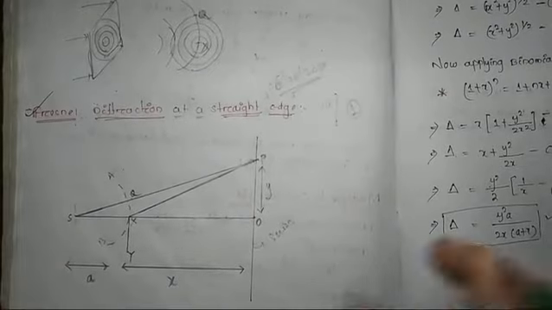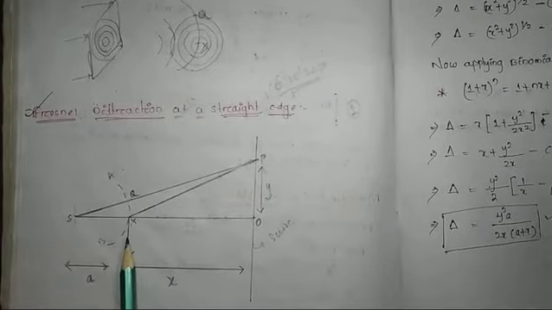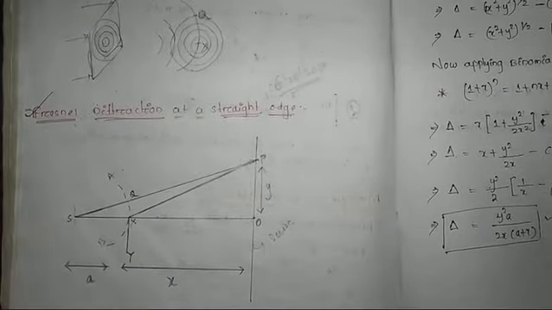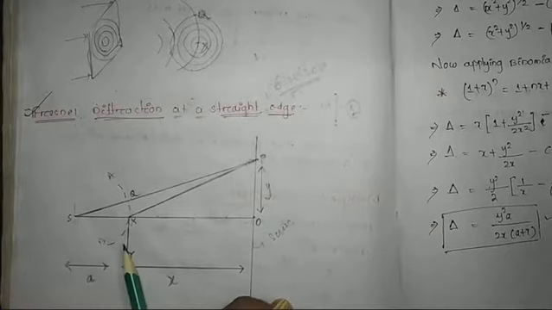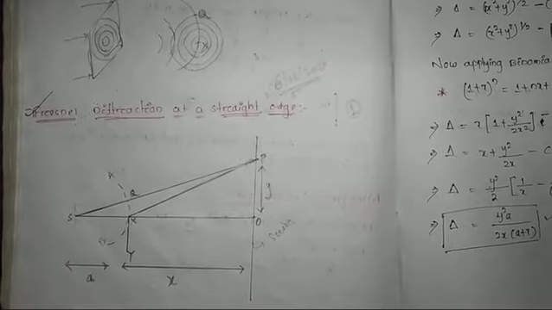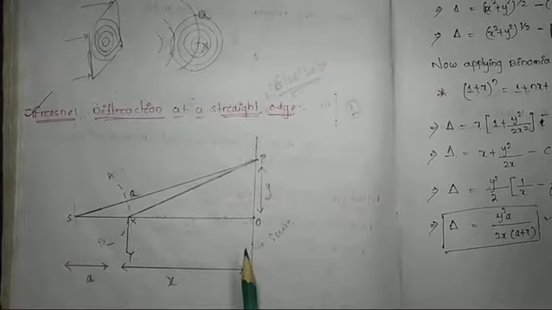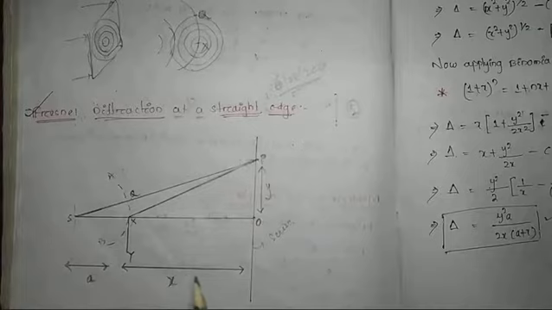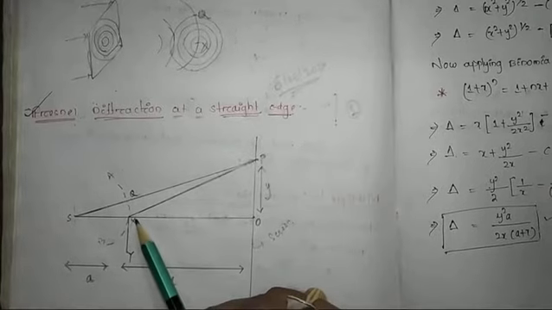Here the edge is kept at a distance a from the source, and the screen is kept at a distance x from the edge. This is the small x, and here XY is the capital X and Y.